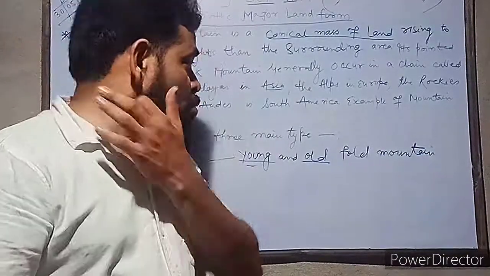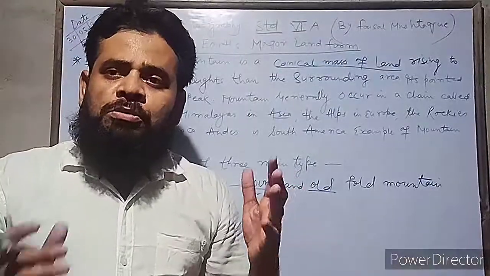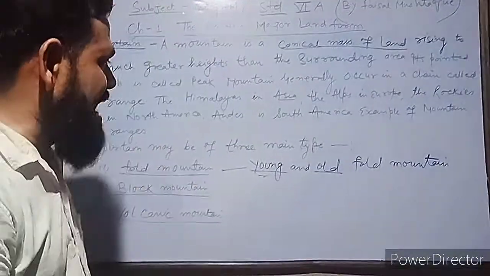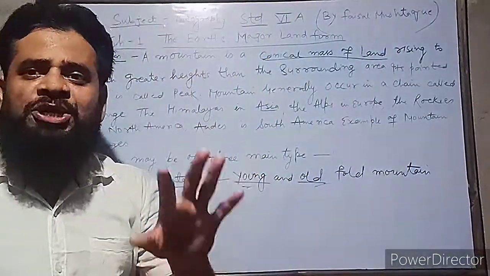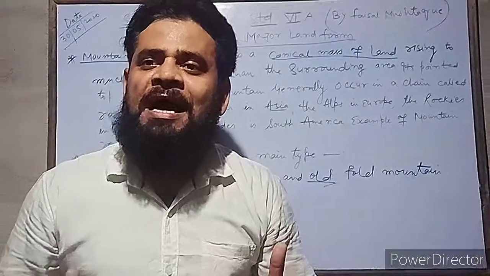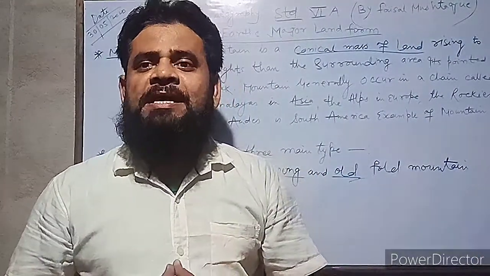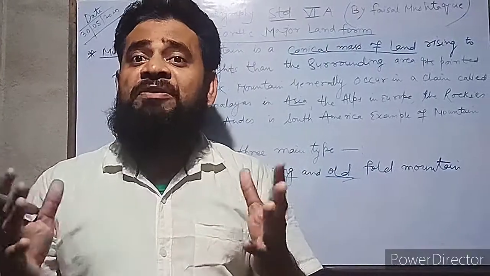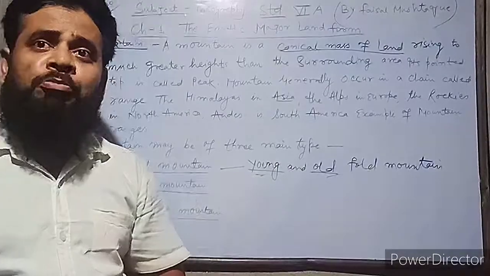So now old fold mountains. Old fold mountains are round in shape and small in height. For example, mountains like the Appalachians and the Aravallis fall in the category of old fold mountains.